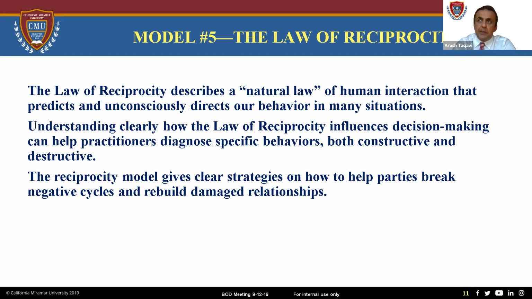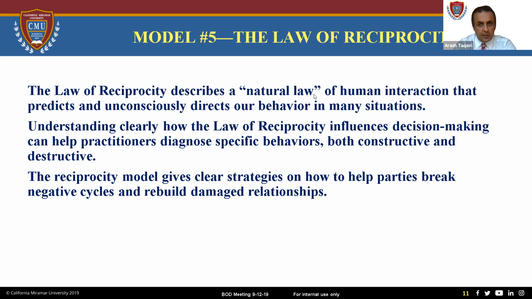It is something like, for example, criticism. We have constructive criticism and destructive criticism. And the reciprocity model gives clear strategies for how to help parties break negative cycles and rebuild damaged relationships.